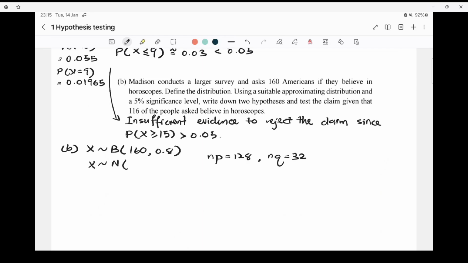So the mean would be n times p, which is 128. The variance will be npq. So you have 160 times 0.8 times 0.2, which gives you 25.6.